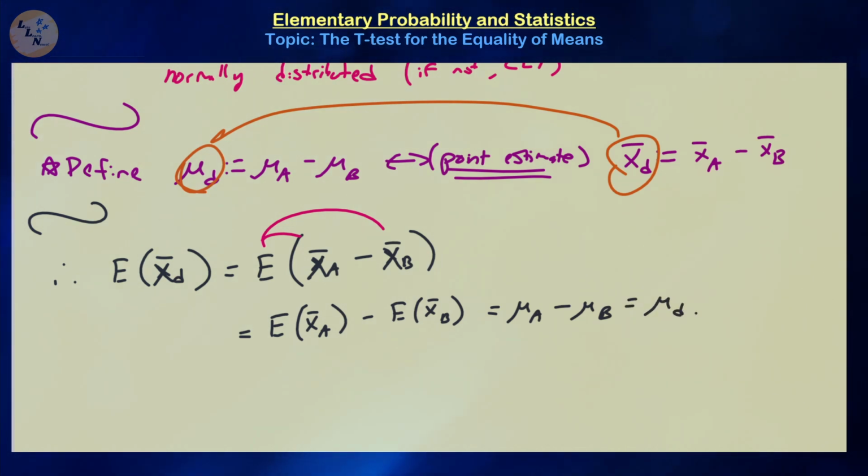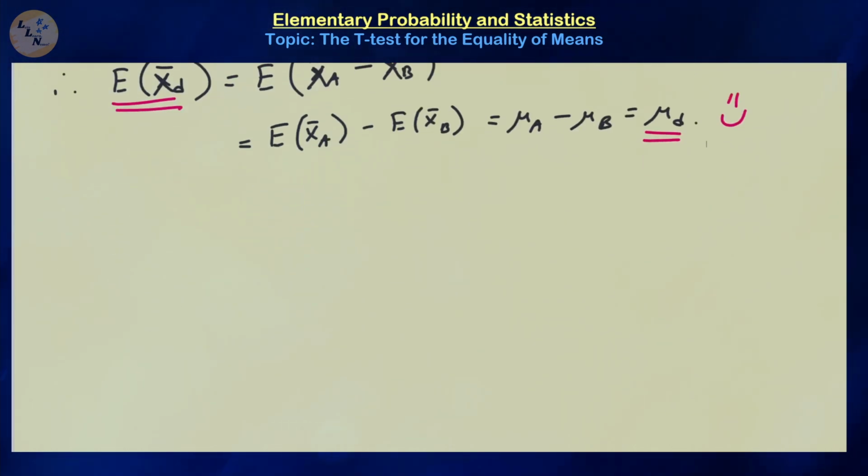Therefore, the expected value of the random variable for the sample mean difference is equal to the population mean difference, so x bar d is an unbiased estimator for mu d, which is wonderful.